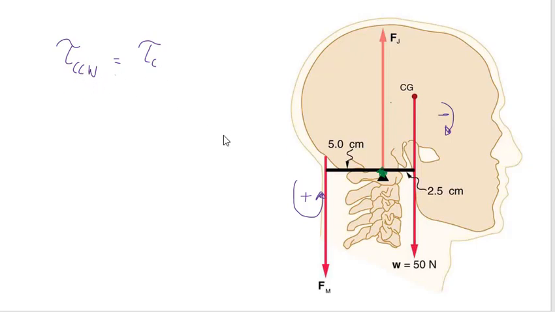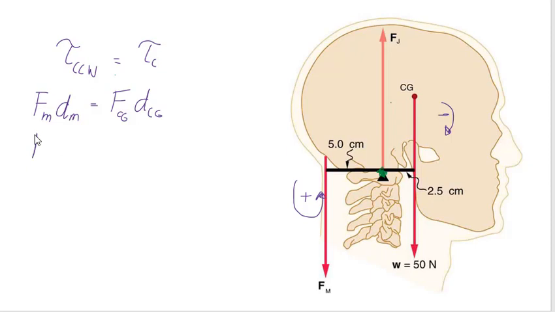We now have Fm, which is the force exerted by the splenius muscle, and then the distance or the lever arm of that muscle equals the force of the weight, or the center of gravity, and then the distance of the center of gravity.